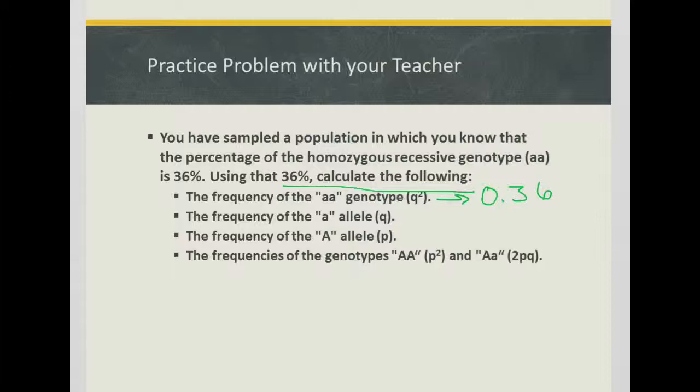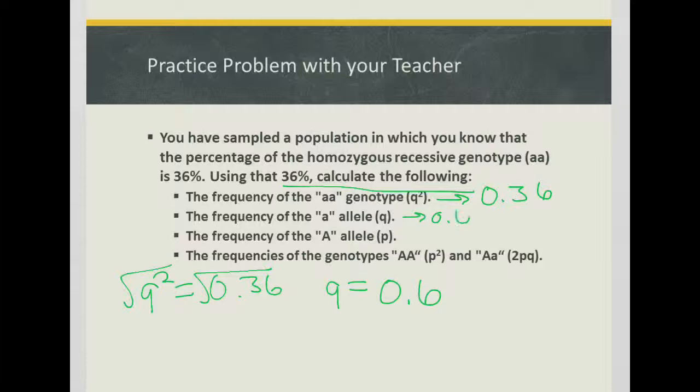Then I want the frequency of the lowercase a allele, which is q. If q squared is equal to 0.36, I can just square root both sides and get q is equal to the square root of 0.36, which is 0.6.